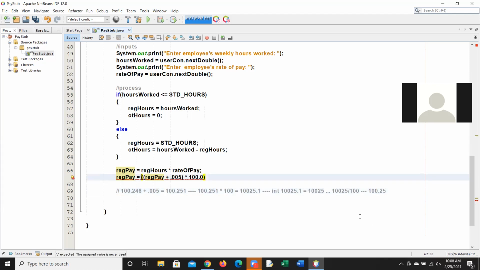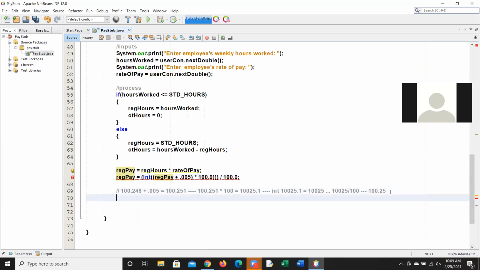So then if I put int in front of that, okay, and then I have to divide by 100.0. And where's my other parenthesis? 1, 2? Oh, it's 3. Okay, let's try that. And then divide by 100. Oh, come on. All right, and then let's make sure we try this.